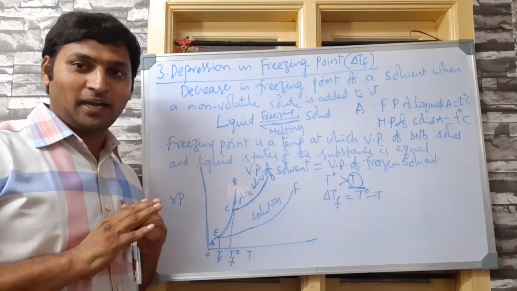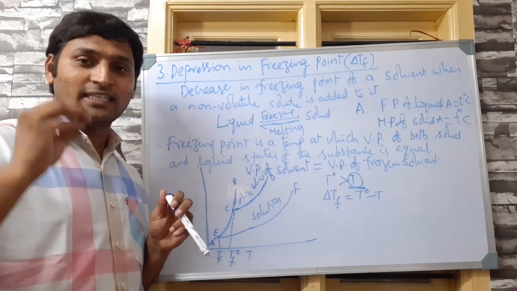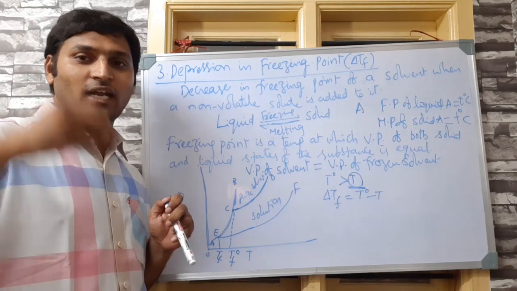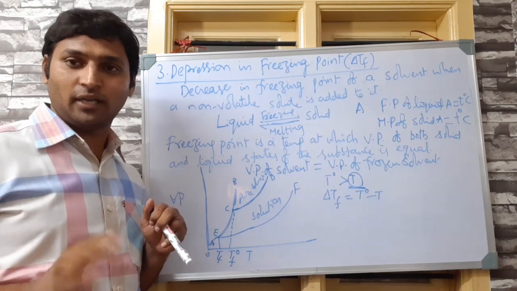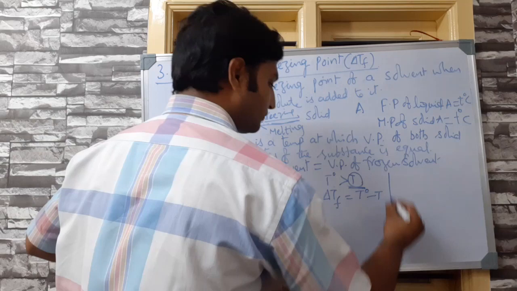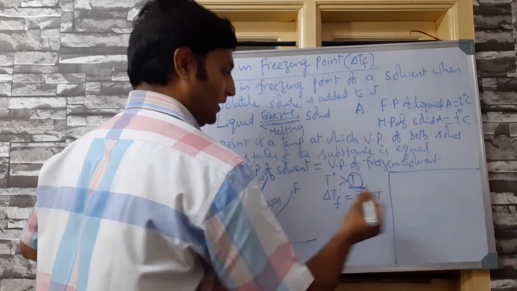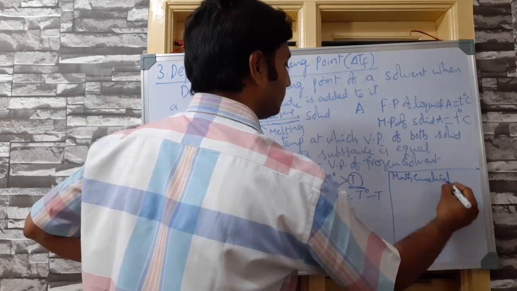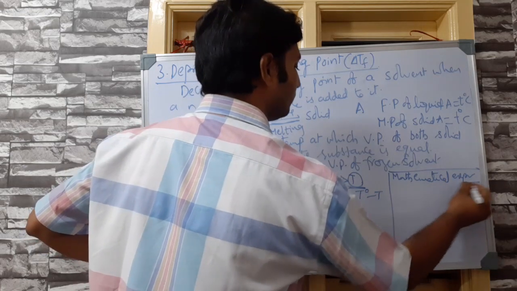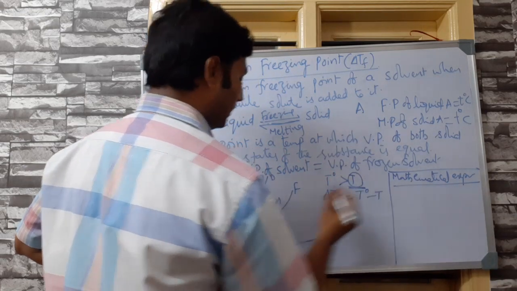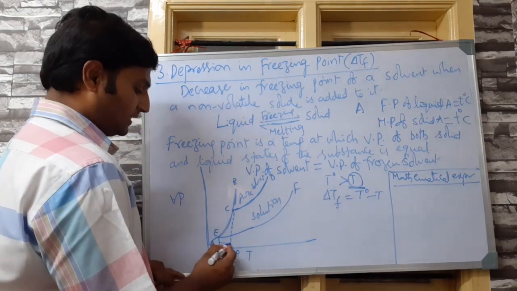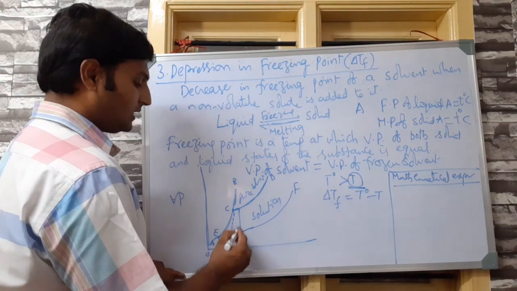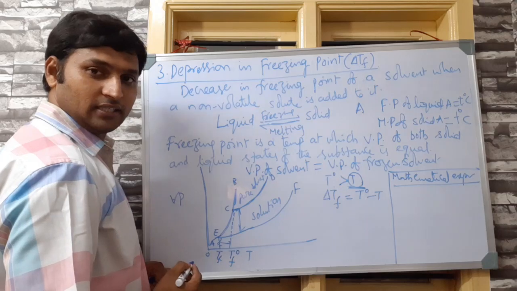Remaining, I am not spending much time because it is absolutely identical to elevation in boiling point. How? See, again the same thing. If I want the mathematical expression for delta Tf, you can understand here, this difference delta Tf depends on this difference in vapor pressure.